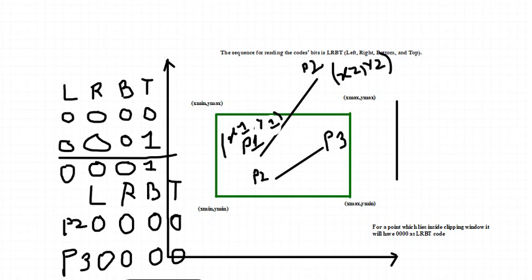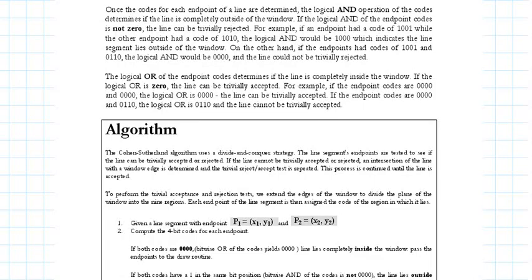But until this point of time, we don't have any condition by virtue of which we can establish whether the line will be trivially rejected or it is going to be partially accepted or clipped. Now we will try to establish that thing.